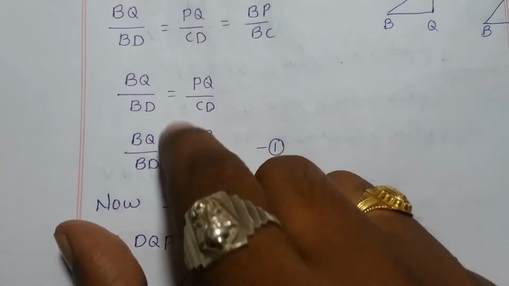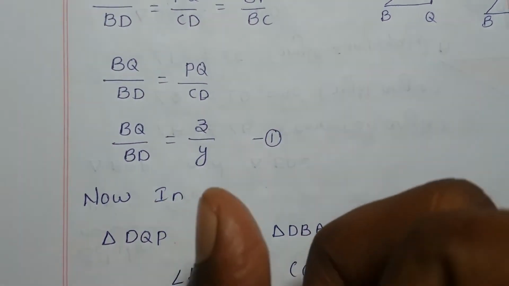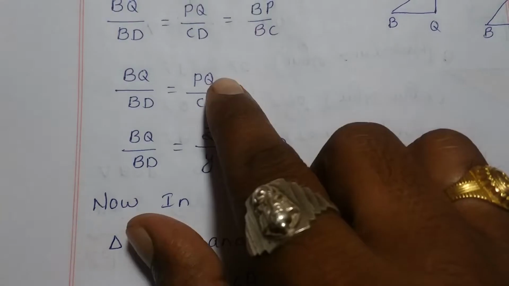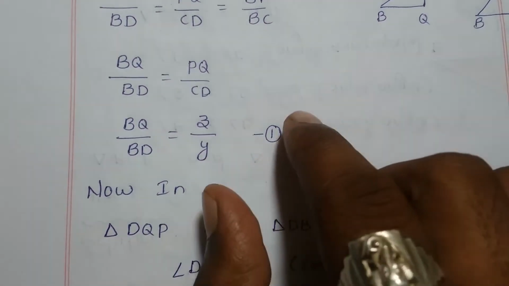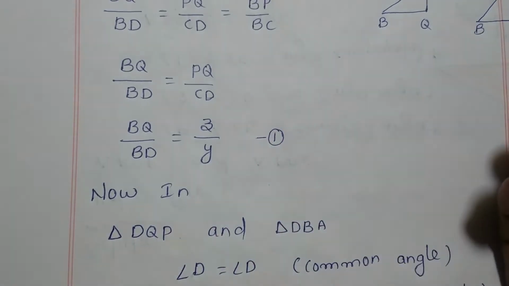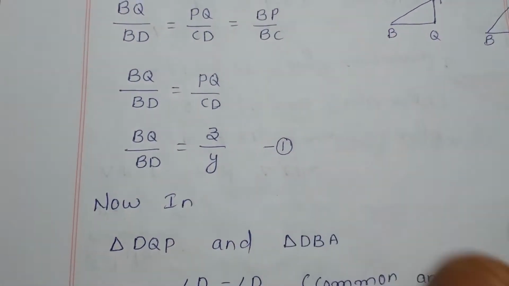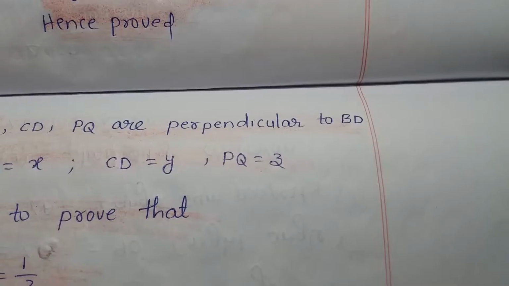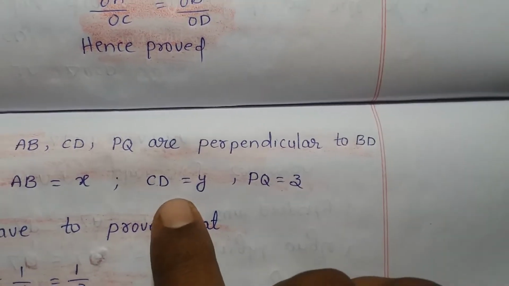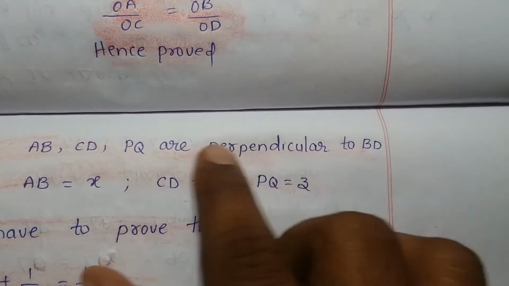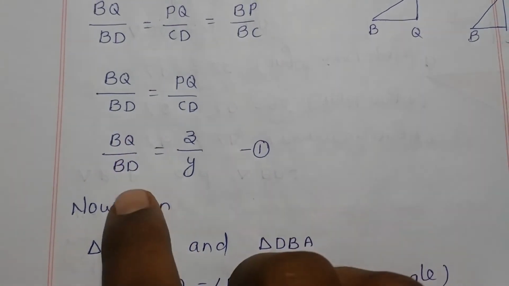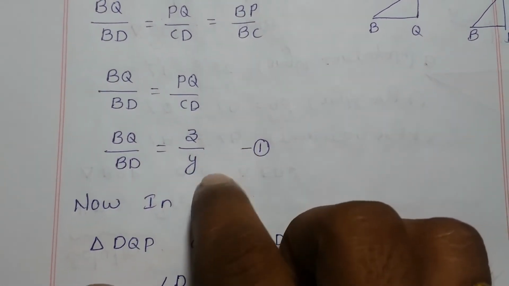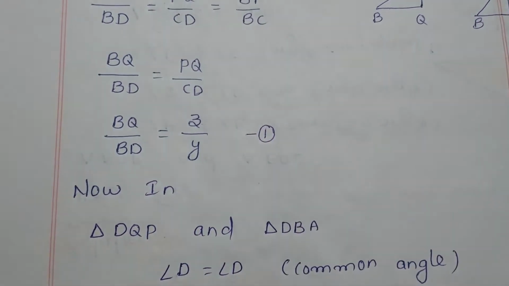Now we substitute the values of PQ and CD from the diagram. PQ value is Z, CD value is Y. We substituted these values. So finally we are getting BQ by BD equal to Z by Y. Let it be equation number 1.